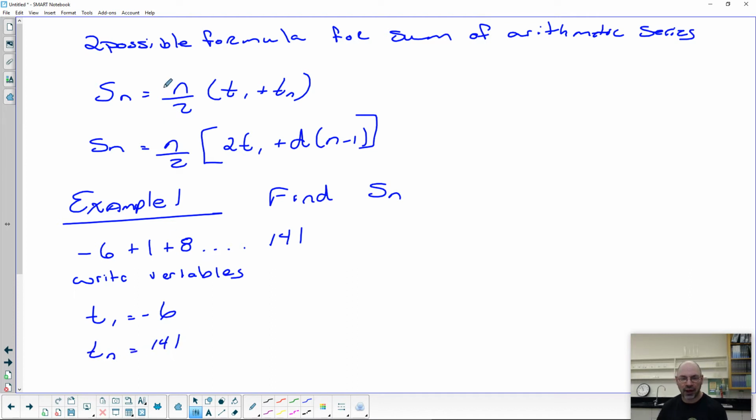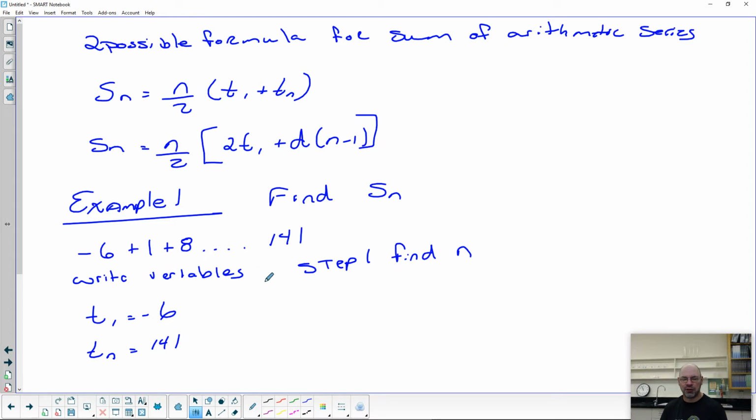Okay, we don't know what n is, right? So that's a bit of a tricky part, and in either formula, we have to have an n. So step 1 is to find the n. How many terms are there until we get to 141?